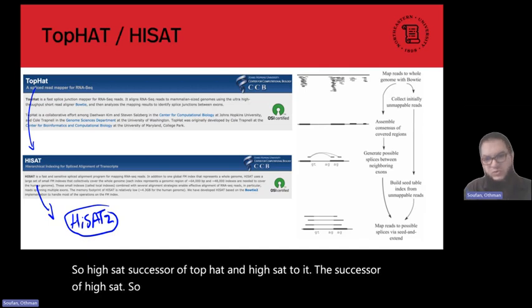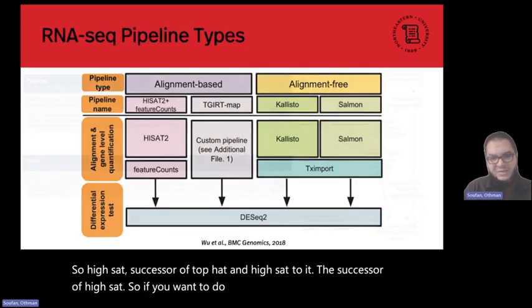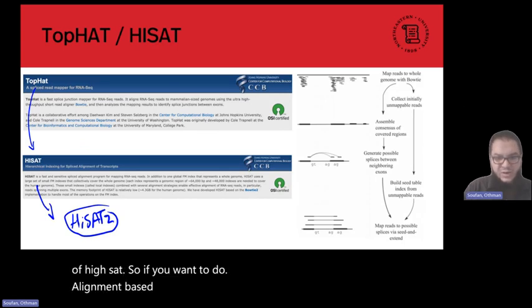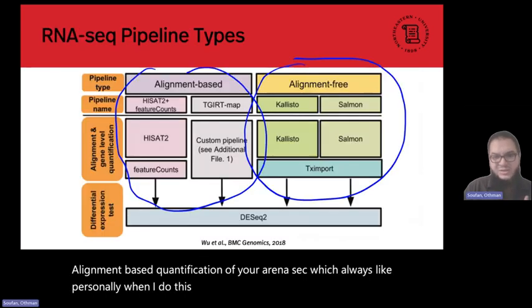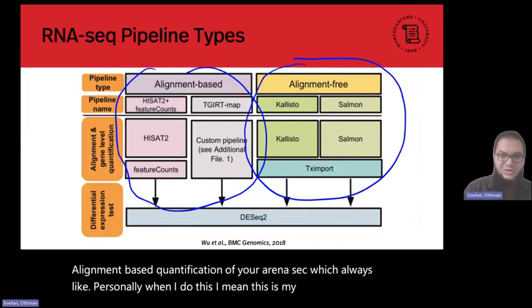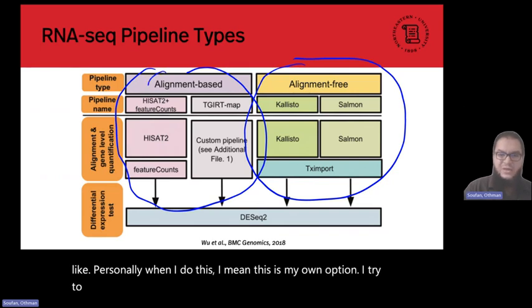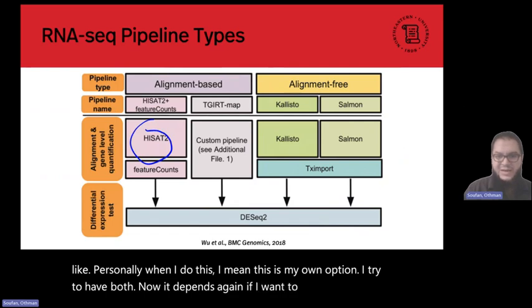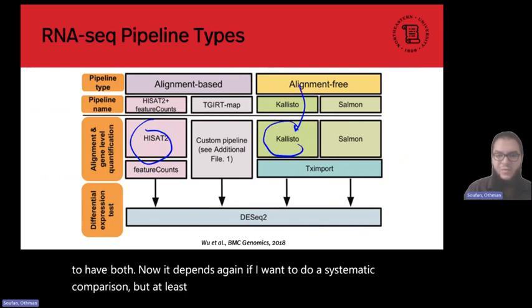If you want to do alignment-based quantification of your RNA-seq, personally, this is my own option, I try to have both. It depends if I want to do a systematic comparison, but at least I will offer both tools and see what the output is.